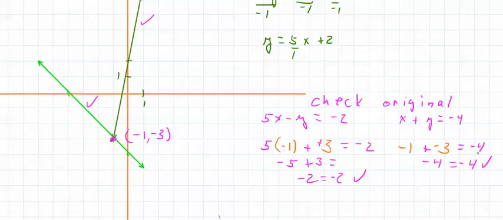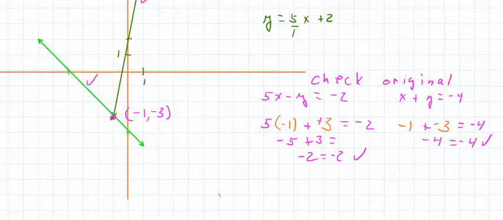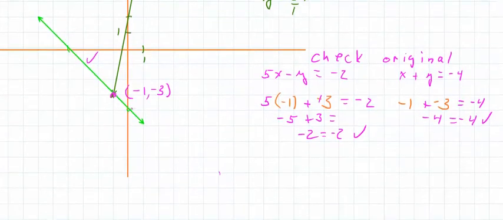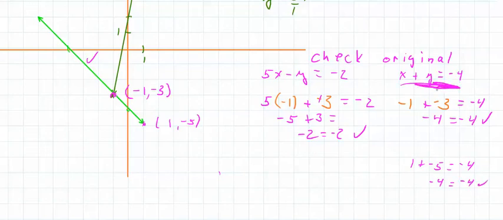Now, why both? For instance, if I look at the ordered pair here, 1, negative 5, right there, 1 plus negative 5 equals negative 4. It works. If I put it into this equation right here, it works. And I think, hey, I got an answer.